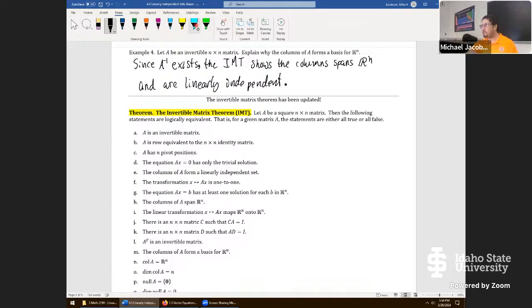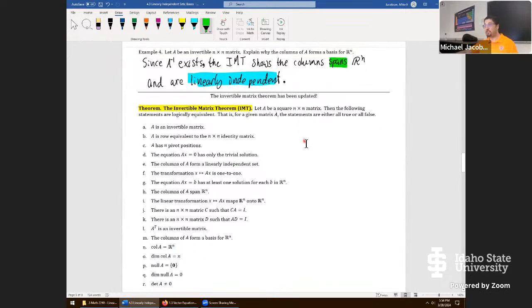So that's all we had to have, the linear independence and the spanning, and that's a really fast justification right here. Well, any questions at all, folks, with the new invertible matrix theorem or our new definitions?